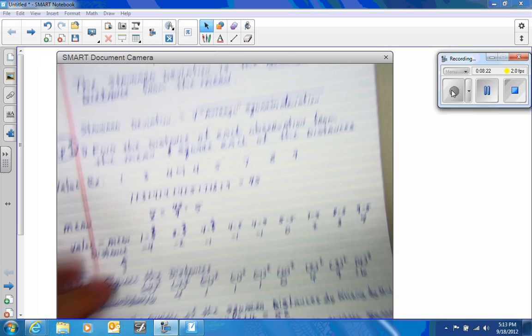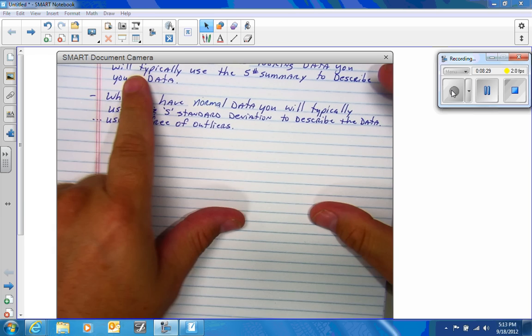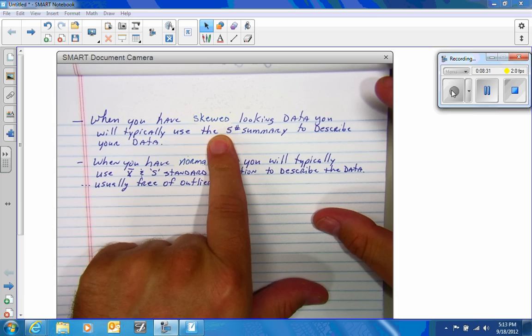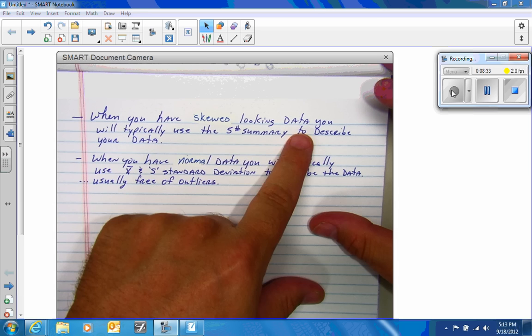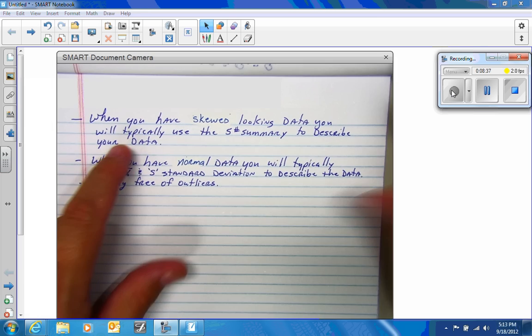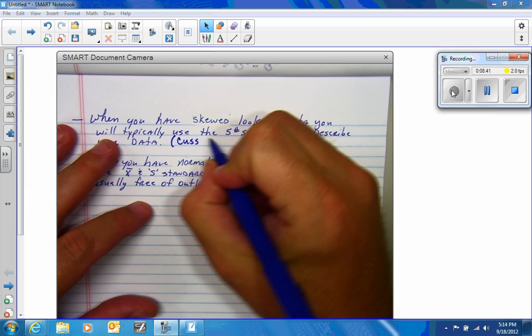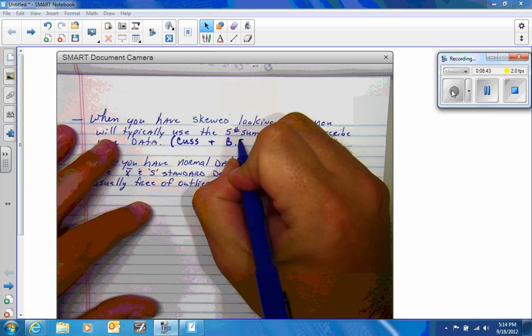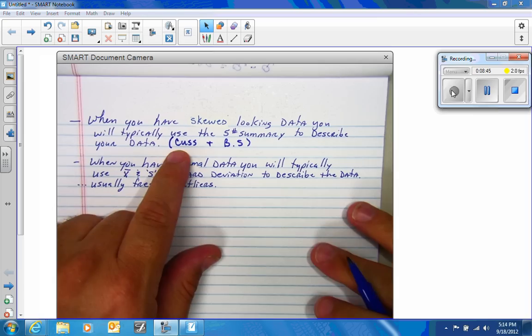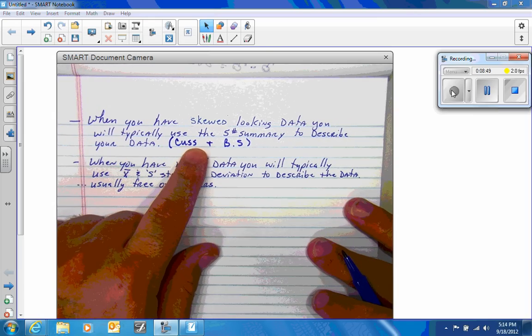Let me summarize what we're doing. When you have skewed data, you are going to use the 5-number summary to describe your data, which is your CUSS and BS: your center, your unusual features or outliers, the shape, and the spread.